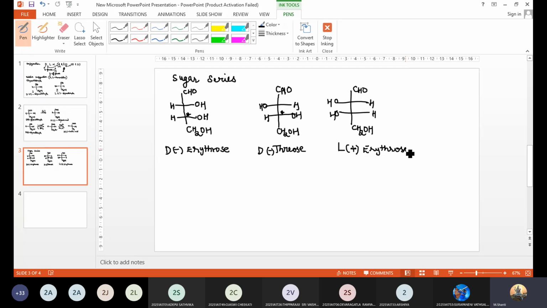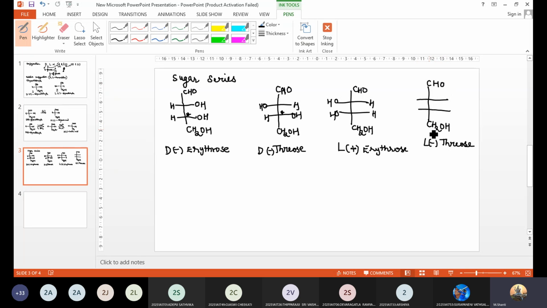Can anybody tell me how you can write L triose? I'm drawing this. Let me know how to orient the groups. This will anyhow remain CH2OH.